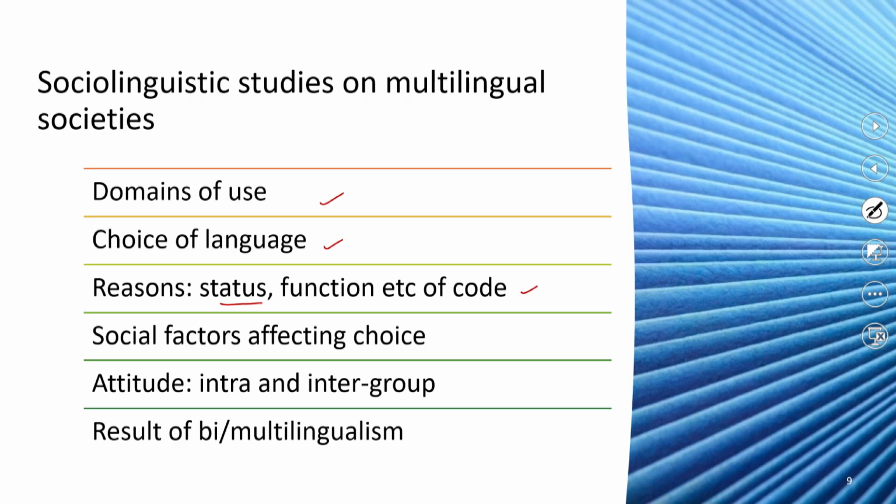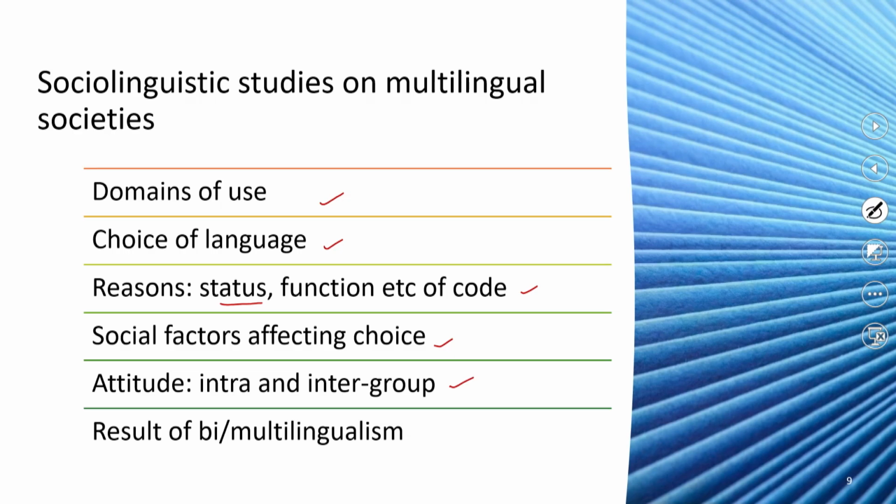And then there are social factors affecting choice, various other social factors as well. The interrelationship between the communities which the languages represent, the various kinds of political realities, cultural realities, all these are important factors. And all of these are bound together with yet another factor called attitude. Both the intra-group and inter-group attitude are very important.